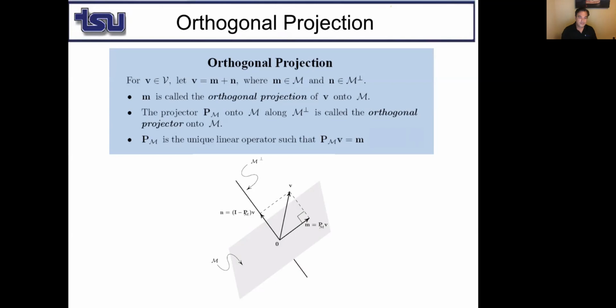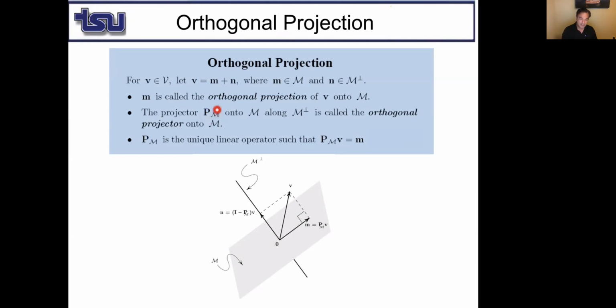And assume that this V can be written as the sum of two vectors. One comes from subspace M, and another one comes from the orthogonal complement of the subspace. Then M is called the orthogonal projection of V on subspace M, and N is called the orthogonal projection of V on M perp, or the orthogonal complement of M.